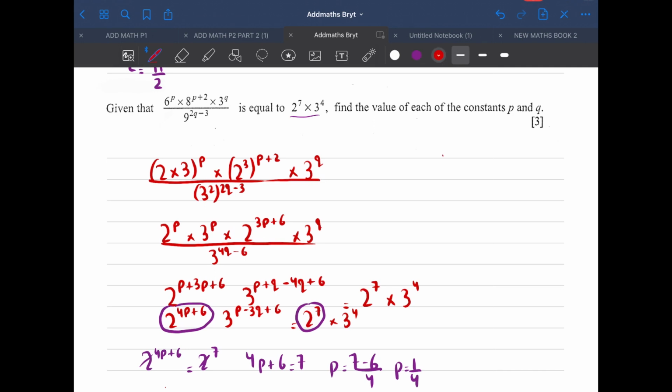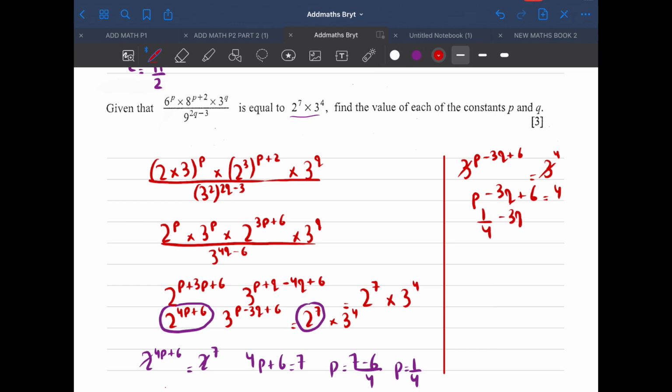Now I need to find the value of q. 3 power (p minus 3q plus 6) is equal to 3 power 4, right? Can I cancel 3, 3? Yes, I can. P minus 3q plus 6 is equal to 4. Do I know the value of p? Yes, it's 1 upon 4.